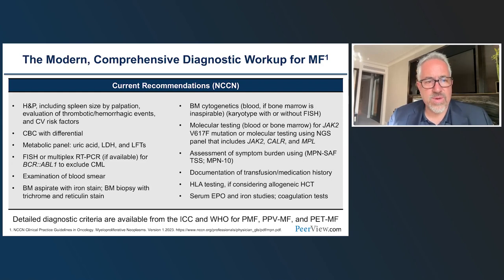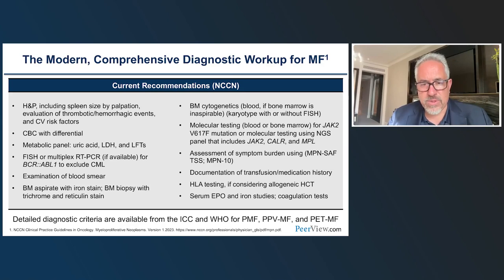Now, the diagnostic workup for myelofibrosis, in addition to your core exams, CBC, blood counts, LDH, etc., certainly includes excluding CML. There can be a lot of mimicry, so be certain to exclude BCR-ABL. A bone marrow aspirate and biopsy is considered universally necessary for diagnosing this entity. Cytogenetics, if you can obtain them, JAK2 and driver mutation status, and additional NGS panels.